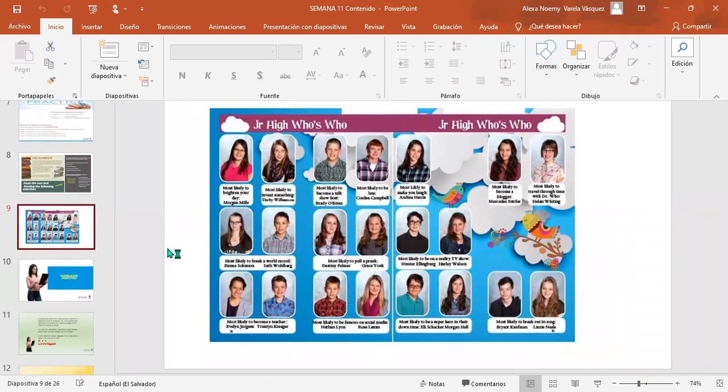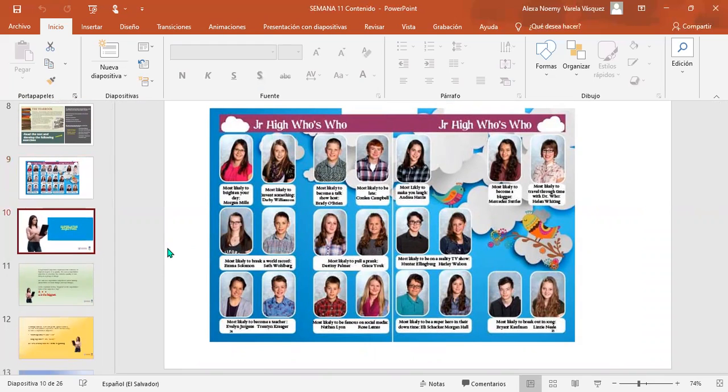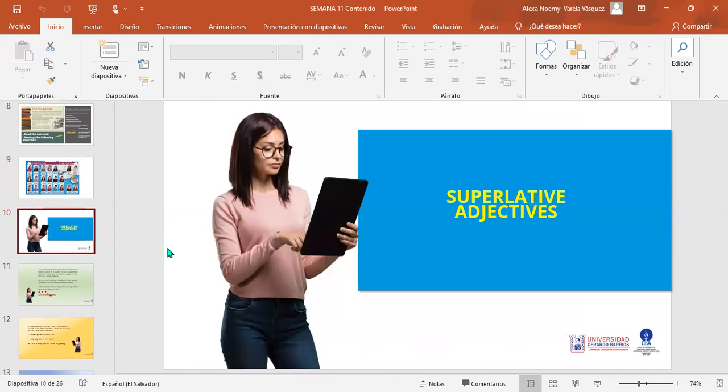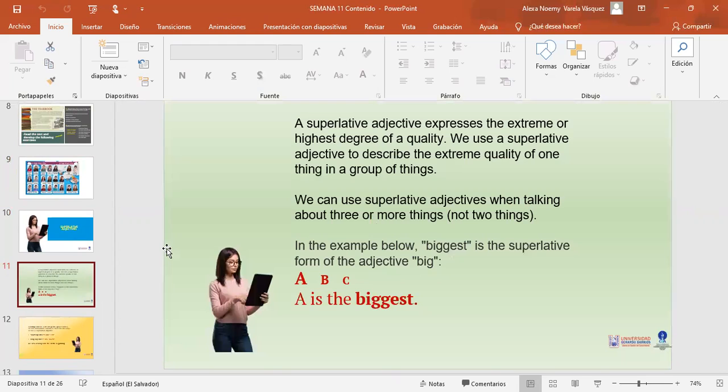Okay, but with this yearbook, we need to use adjectives, right? And in this lesson, we are also going to learn a little bit about superlative adjectives. The superlative adjectives express the extreme or highest degree of a quality.